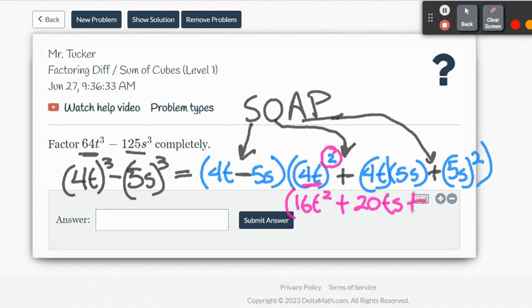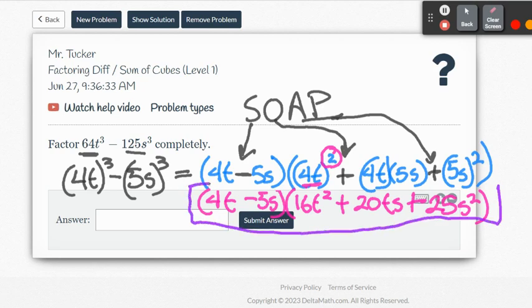So we say plus, and then we got 25s squared. Then we close parentheses around that and just bring our 4t minus 5s down. And we should have our fully factored polynomial down here. That was the difference of cubes, and now it is a very long factored expression.